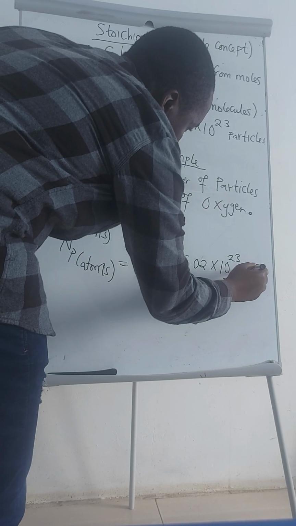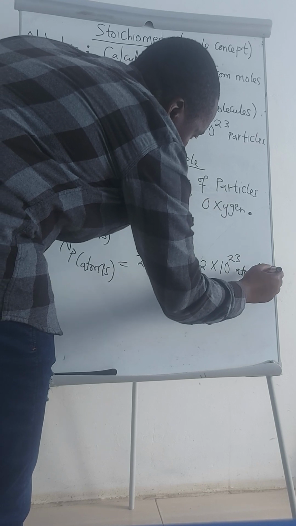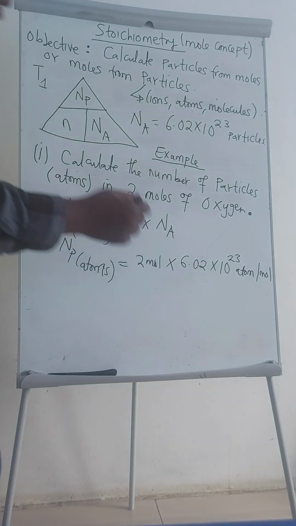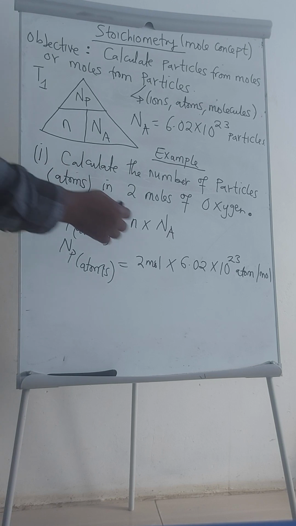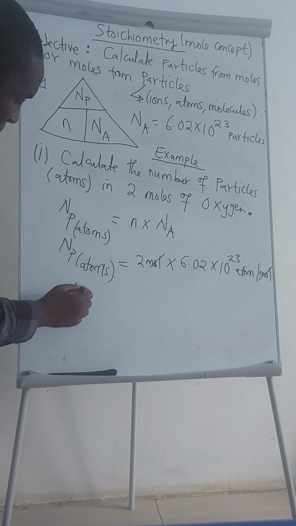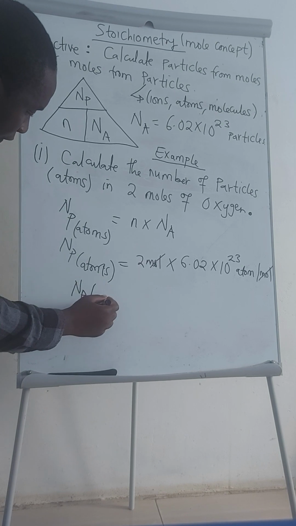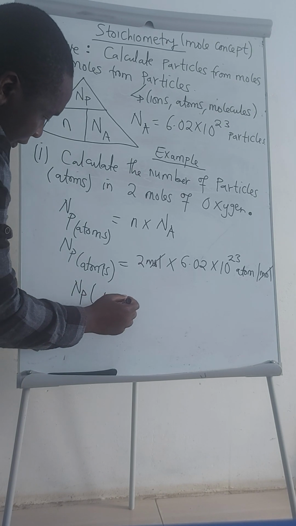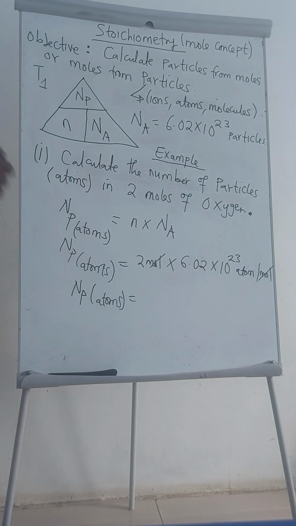So moles and moles cancel, and we have the number of particles, specifically atoms, equal to that multiplied by Avogadro's constant.